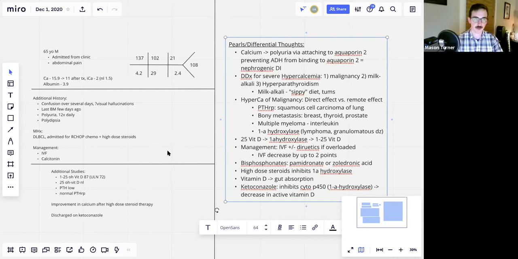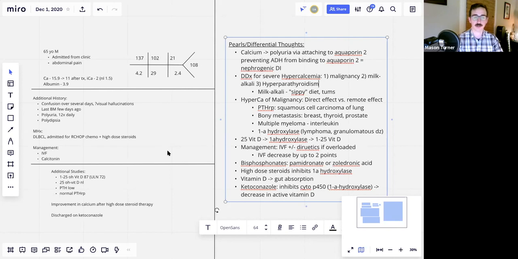Definitely. If you read about this mechanism of hypercalcemia, hypervitamin D hypercalcemia, a big part of it is decreasing the amount of calcium in your diet. For him, because he was a little bit of a palliative case, we didn't want him to feel like he had to restrict what he ate.